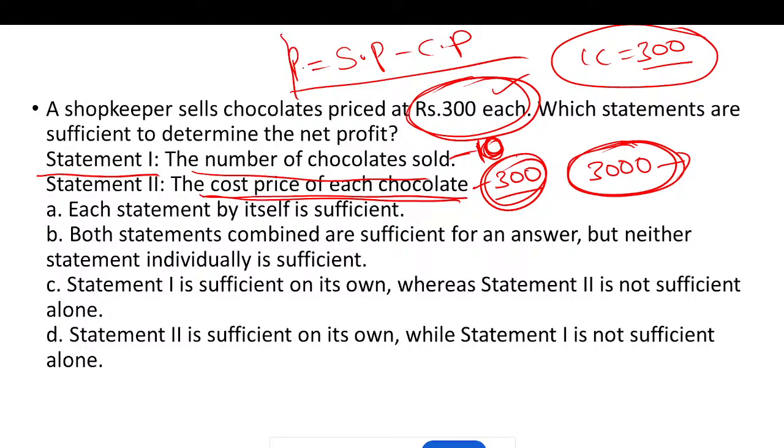If you want to identify profit, you have to know the selling price and cost price. Based on these two, the cost price of each chocolate is 300, and if 10 chocolates are sold, the total cost price is 3000. If we don't know the selling price, how can we determine profit? It's highly impossible. The answer is both the statements are insufficient.